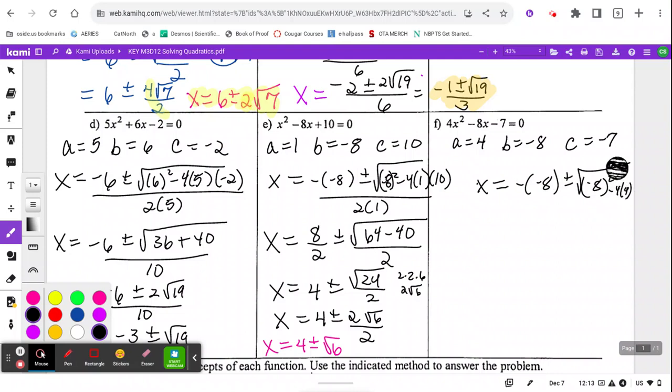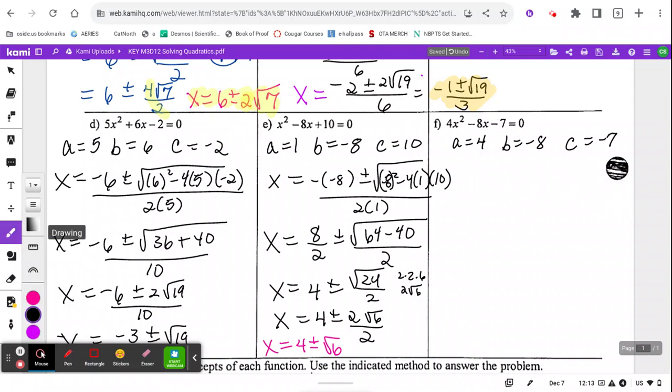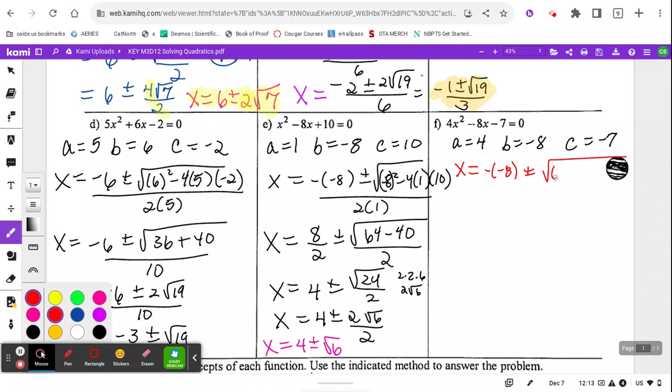four times 7, negative 7. Okay, this isn't going to work out. Hang on, I got to stretch it over. Minus 4 times negative 7. Sorry about that weird dot. And then all over 2 times 4.